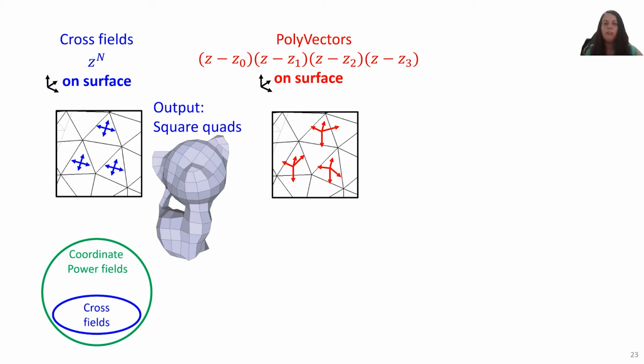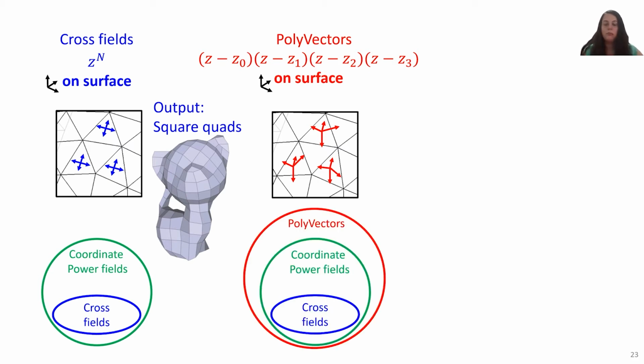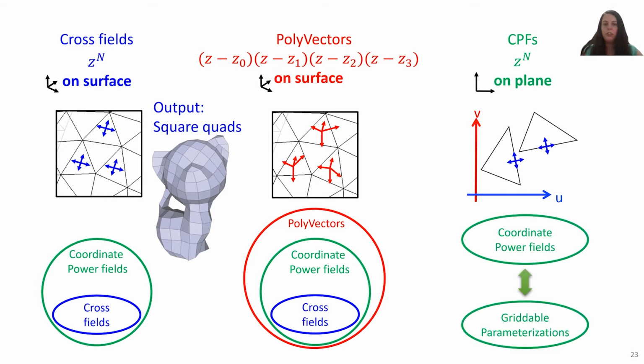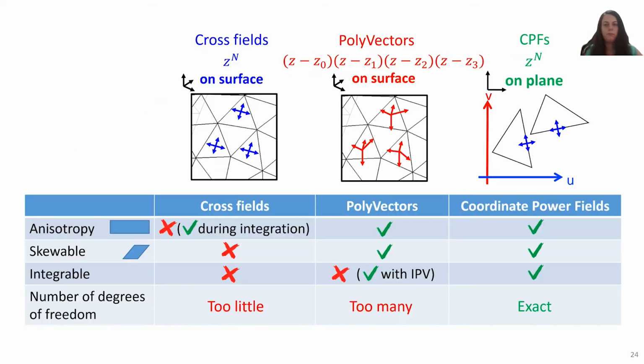However, they allow for any set of consistently oriented vector fields, forming a much bigger space than that of CPFs of parameterizations. CPFs formulate the pullback maps as the nth order root of a complex number on the plane, thus allowing for non-orthogonal, non-unit length fields and enforcing discrete integrability, representing the space of gridable parameterizations.